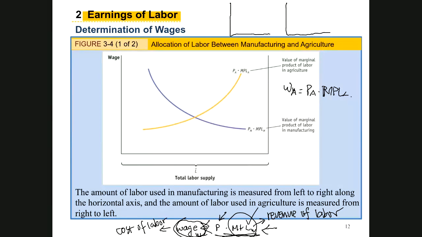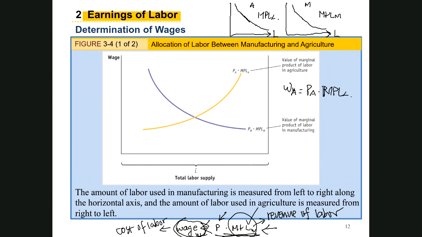And we already know from the beginning that this is the world of diminishing returns, right? So if this is agriculture, this is manufacturing. This means the labor they hire. This is MPL_M, and this is MPL_A, the labor they hire.